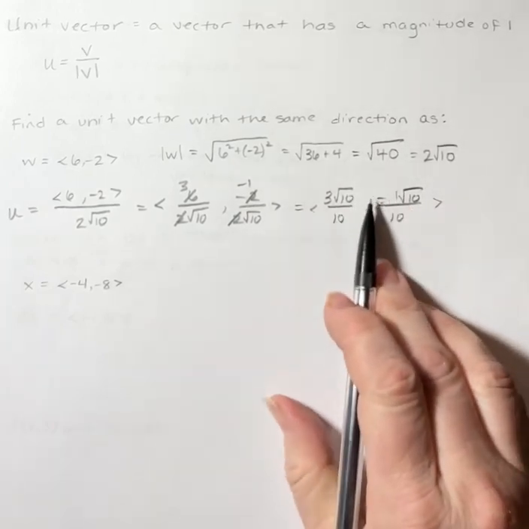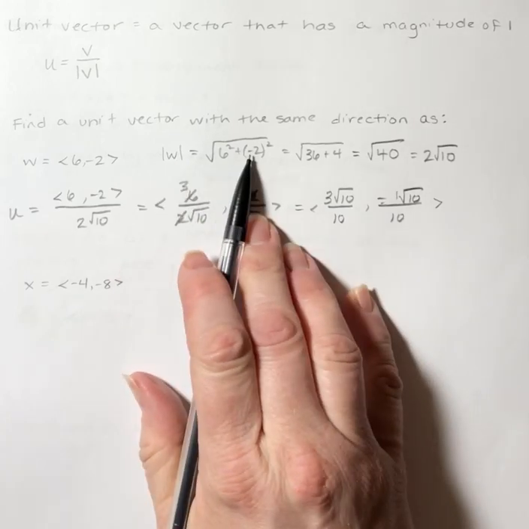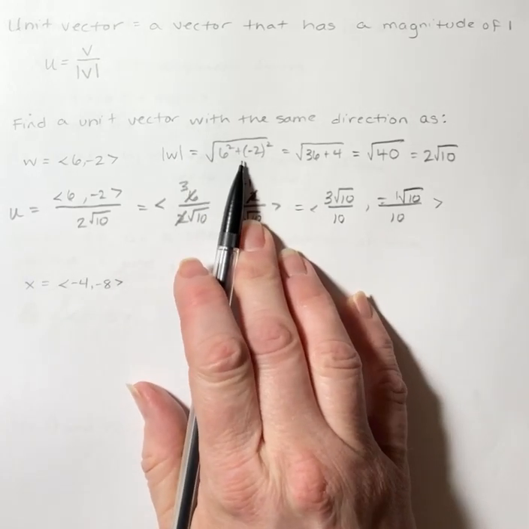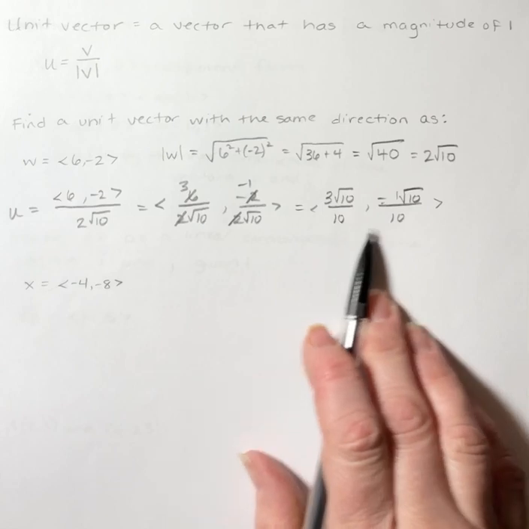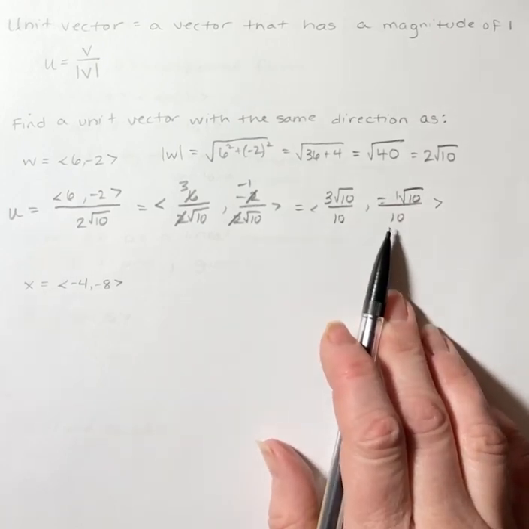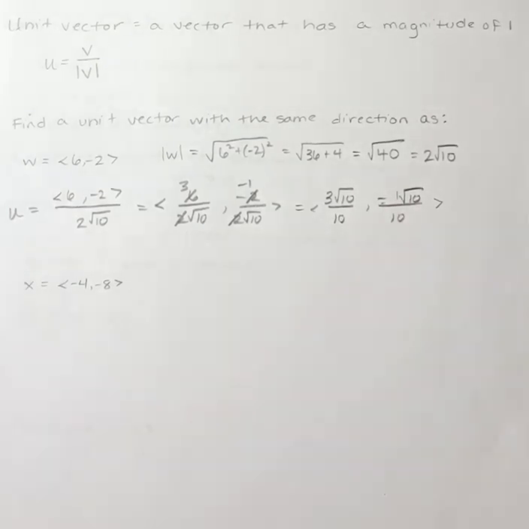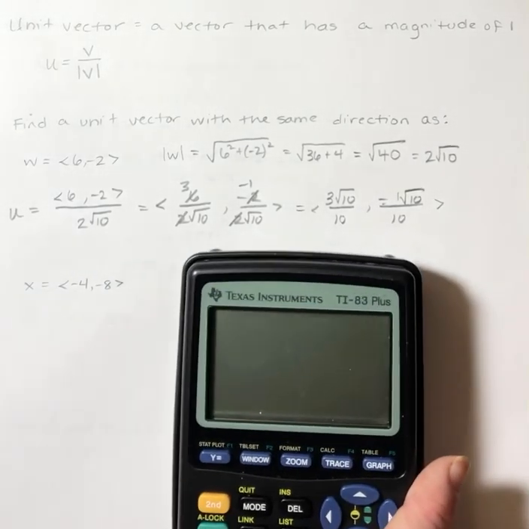And this is not a nice one. If you're finding the length of a vector, something like this, most of you can quickly do these in your head. If you wanted to test this one and make sure that the length of this vector is 1, I would use my calculator.